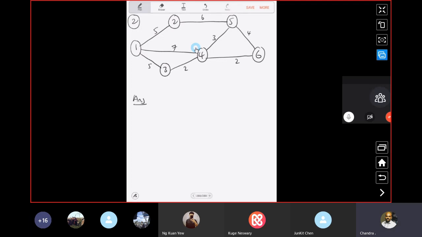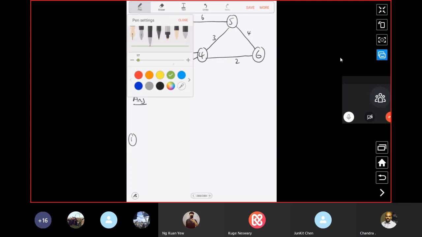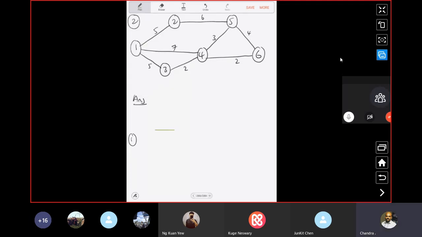Okay, answer. As usual, we will start from node 1. The nearest nodes would be 2 and 3. As you can see here, the only option for 2 and 3 to connect to node 1 is these routes. Therefore, this would be the shortest route.